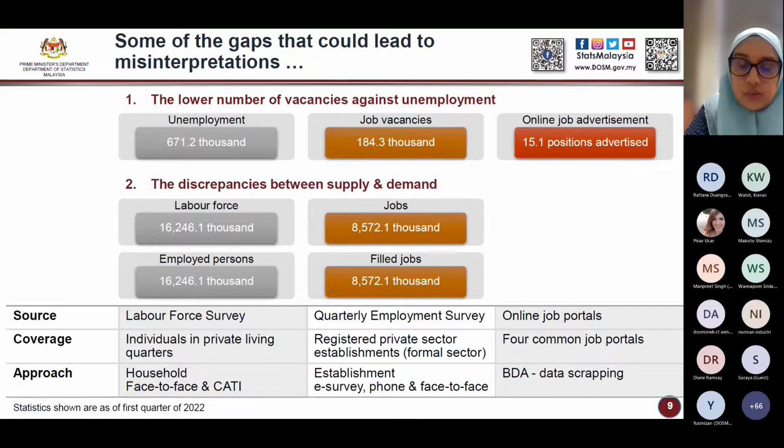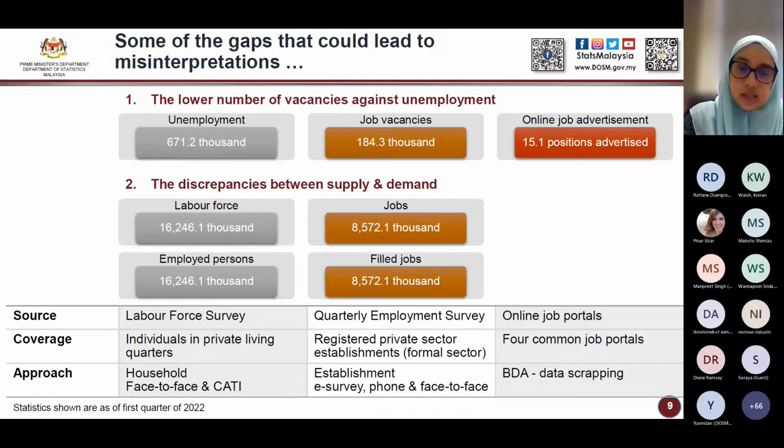Then we have job vacancies, which is 184.3 thousand. Another perspective is online job advertisements, which is 15.1 thousand positions advertised.